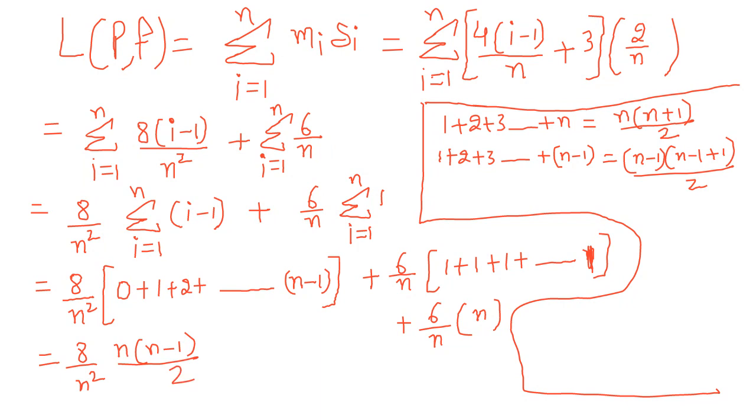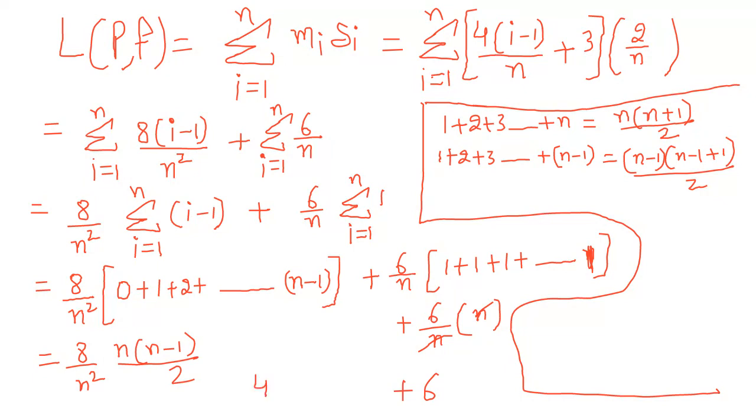This got cancelled out, this got cancelled out. So calculate the value. It is 6 plus 4.